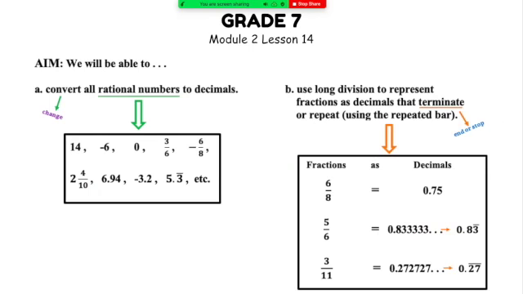Use long division to represent fractions as decimals that terminate or repeat using the repeated bar. So here I'm underlining terminate and telling them that that means it's going to end or stop. And down here, I'm providing students with the visual of fractions and the equivalent decimal counterparts, where it's terminating and repeating.